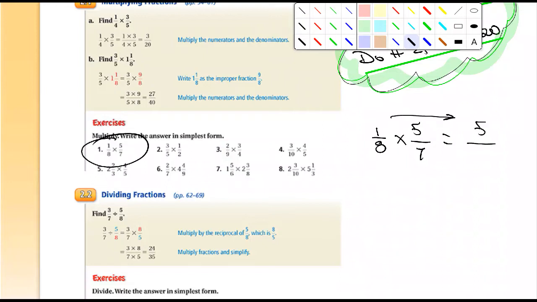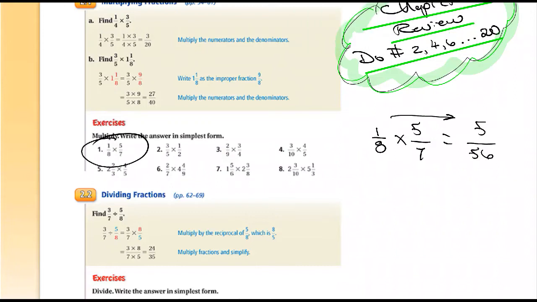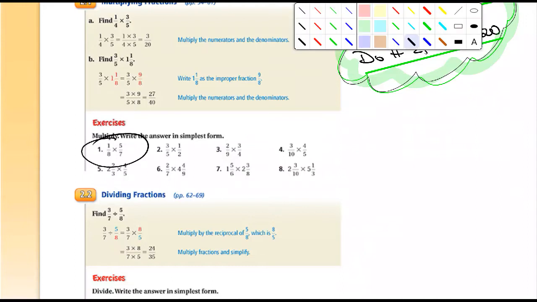What's 8 times 7? Of course, if you don't know, you could look. Yeah, Mr. Lesueur? 56. Okay. 5 is prime, so this cannot be reduced, so that would be the answer. All right. Of course, you don't have to do number 1, but I'm just kind of reminding you how to multiply fractions together.